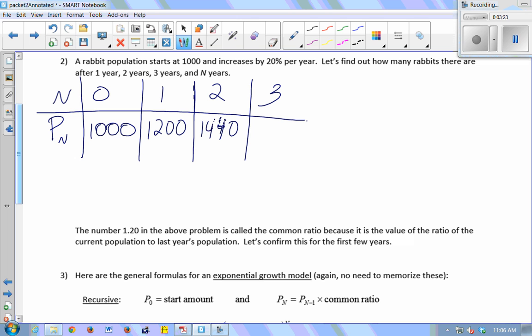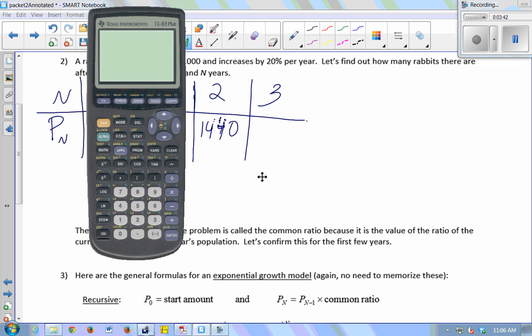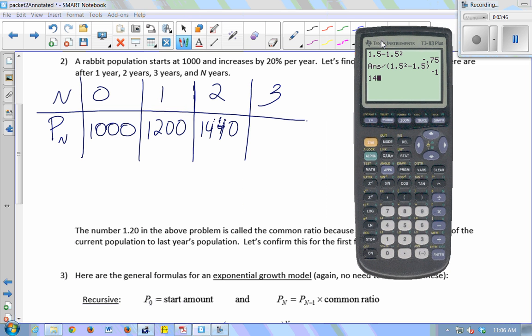I have to increase 1,440 by 20%. So I take 10%, which is 144, double it, I get 288, and I have to add that to 1,440, and now I'm getting where I have to carry. So I'm just going to use my calculator. 1,440 plus 288, 1,728.